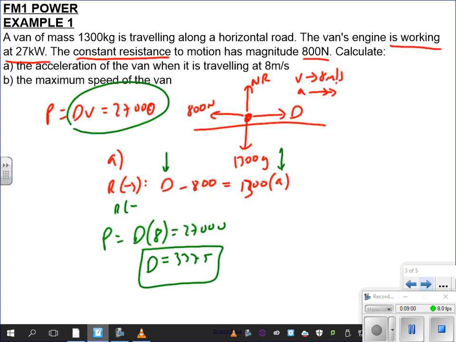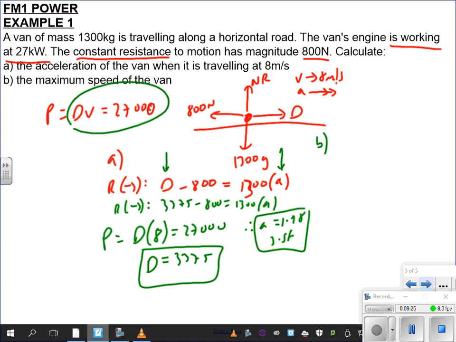So resolving across, 3375 minus 800 equals 1300A, and therefore A would equal 2575 divided by 1300, 1.98 to 3SF. Okay, great, because I haven't used G here, but it's good as standard to be 3 sig figure mechanics.